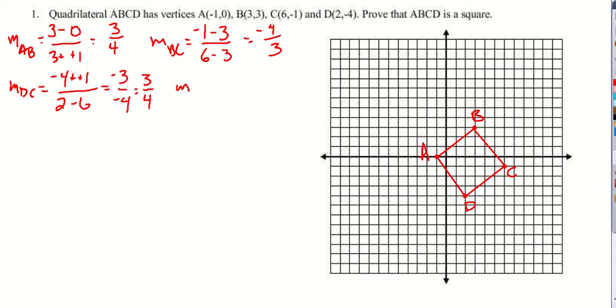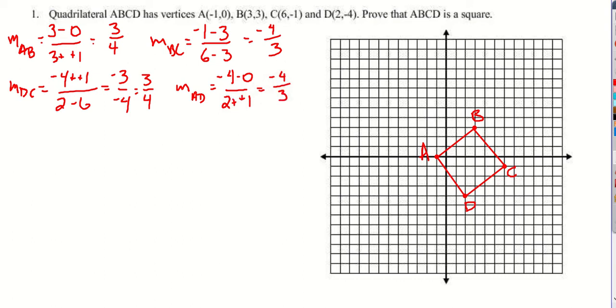Then we have to do the last slope, which is AD. We choose D as y2, so that's -4 minus 0 for A's y, and then x2 is 2 minus x1, which is -1. This comes out to be -4 over positive 3.